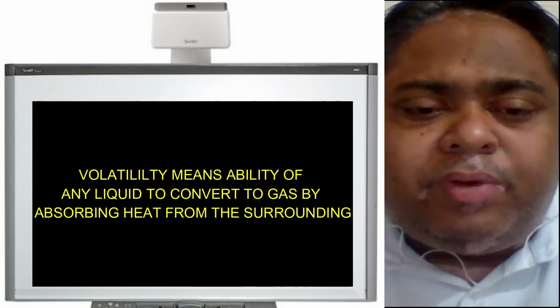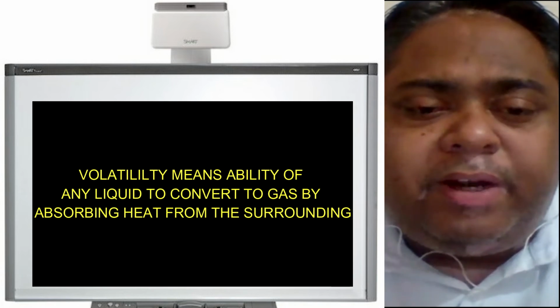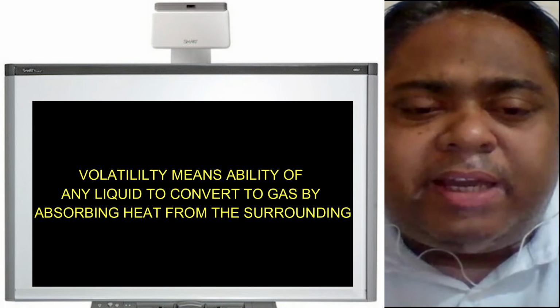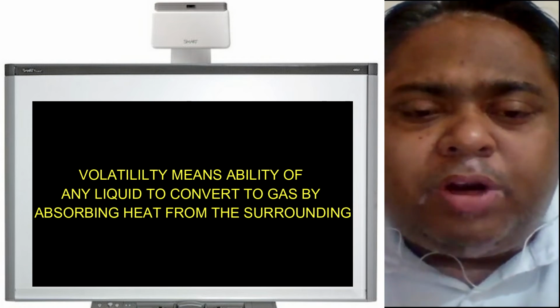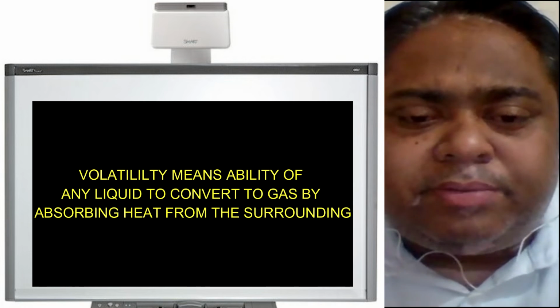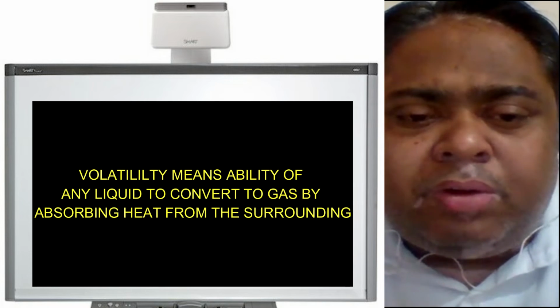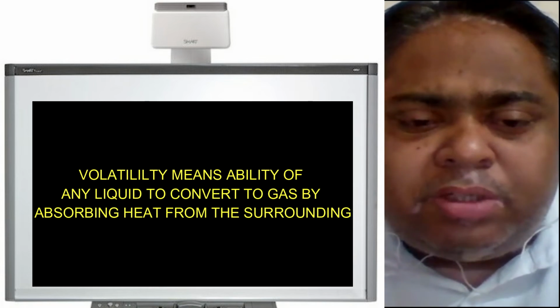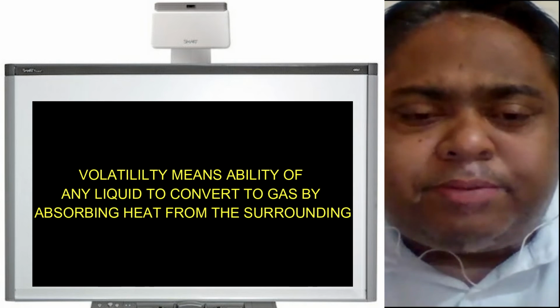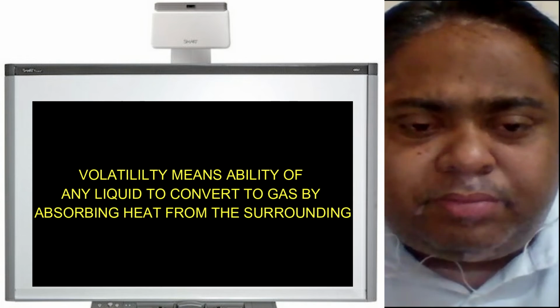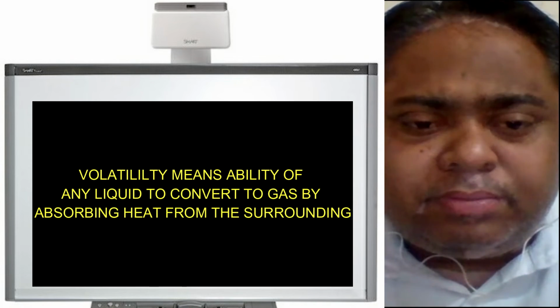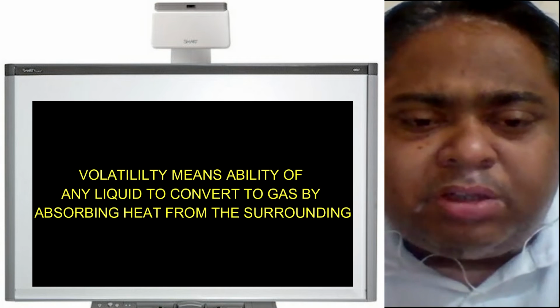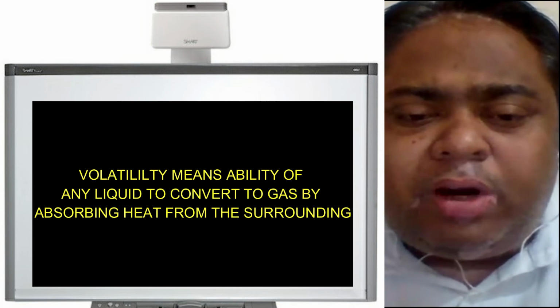Now, when we talk about solids dissolved in liquid, such that the solids are not volatile, then we consider the case of a non-volatile solute dissolved in water. For non-volatile solutes dissolved in water, two types of solutions can be formed: ideal solution and non-ideal solution.